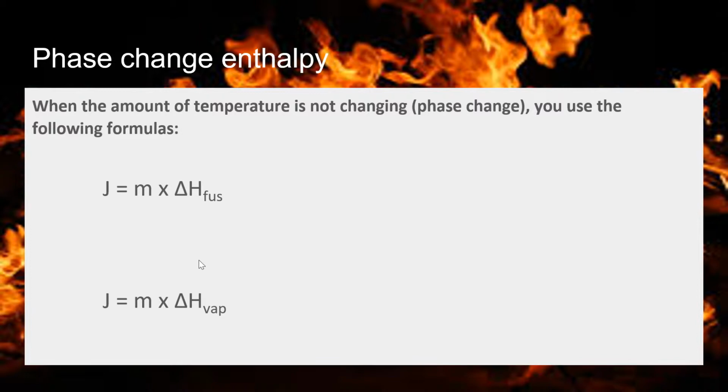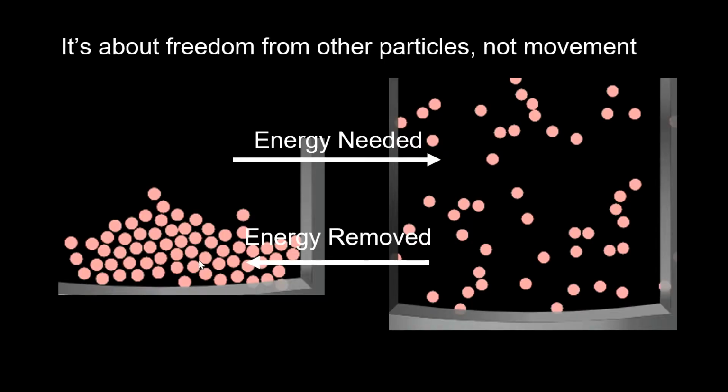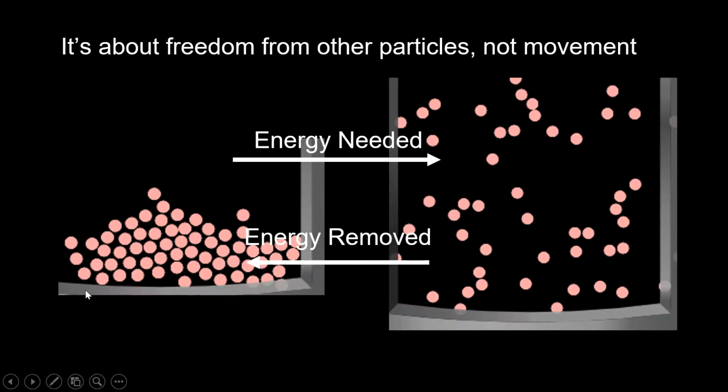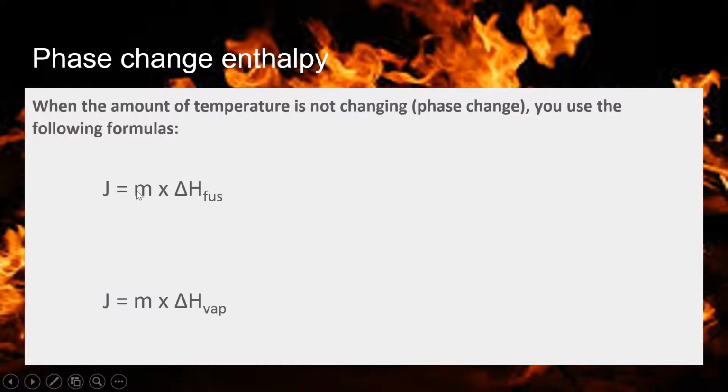We're not going to use the heat is equal to the specific heat times the mass times the change in temperature, because there's no change in temperature. So we can't use that equation we've been using. We've been using the equation about changing temperature with specific heat and mass. But if the temperature doesn't change, then you're not going to be able to do that. So now we're going to use one of these two equations, which is the mass times the delta H fusion, or the mass times the delta H vaporization.